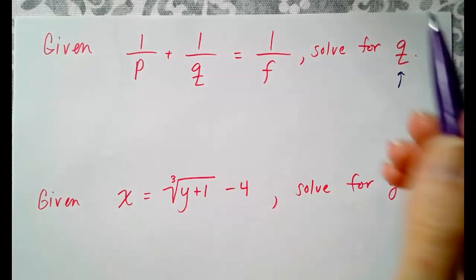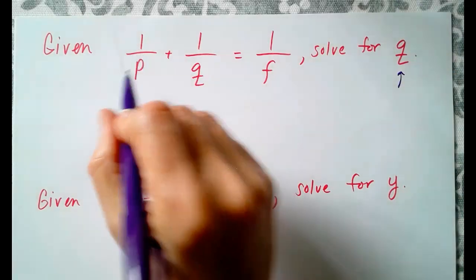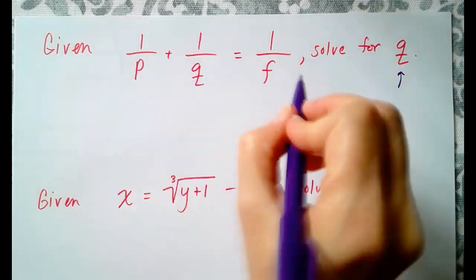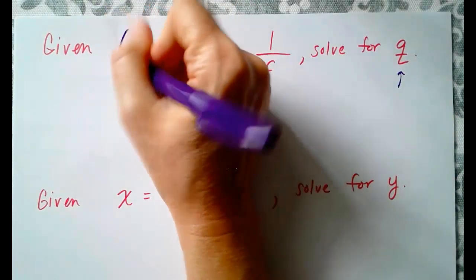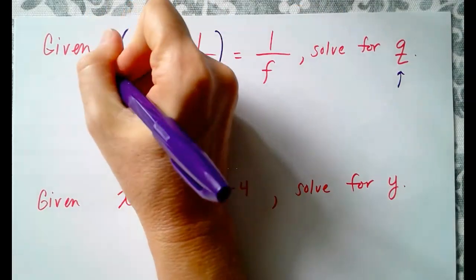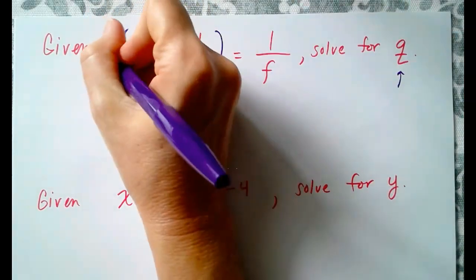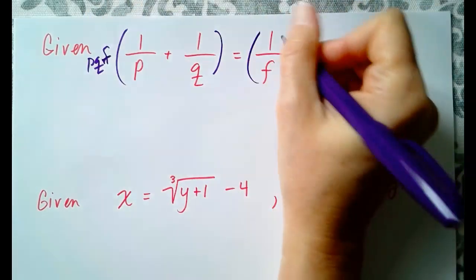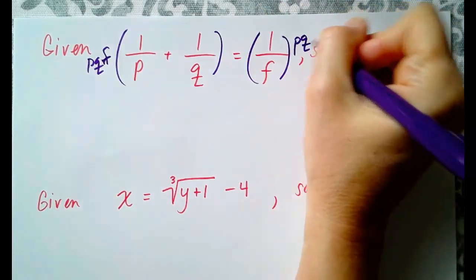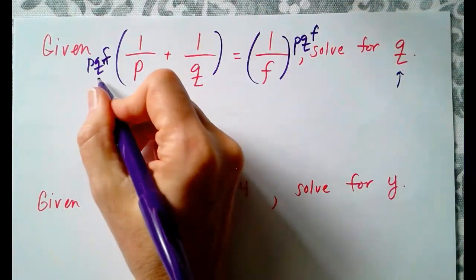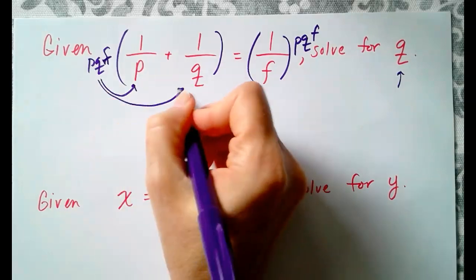I think I'm going to start though with multiplying by PQF. So PQF is the common denominator. So we're going to multiply everything by PQF. So that PQF gets distributed.